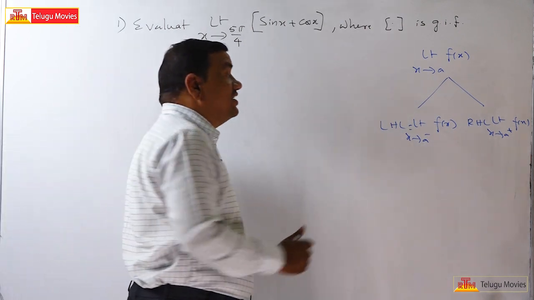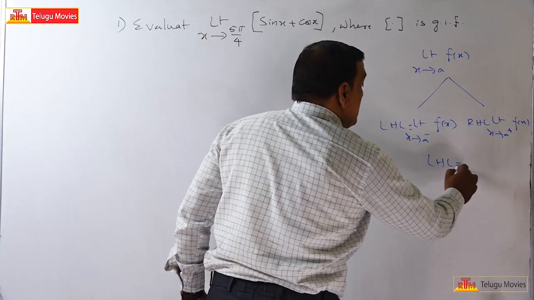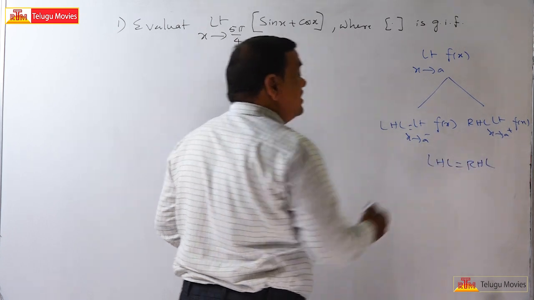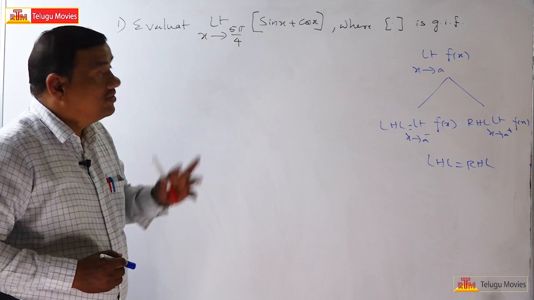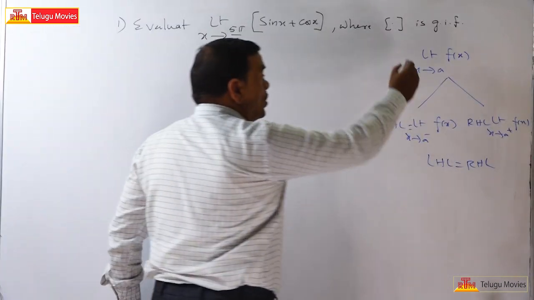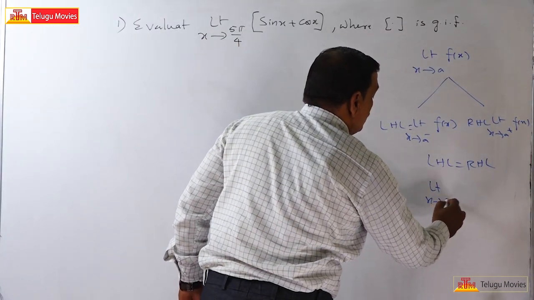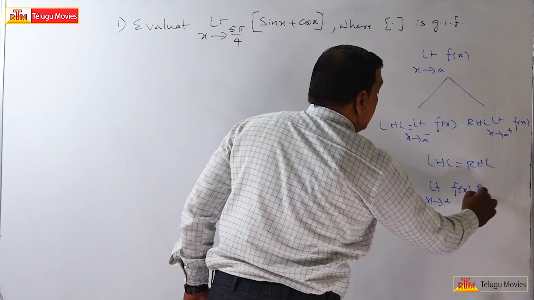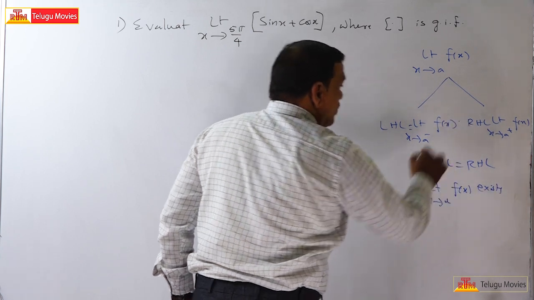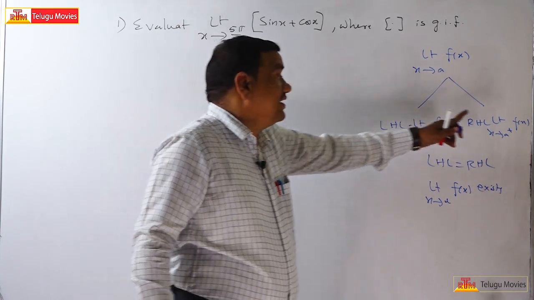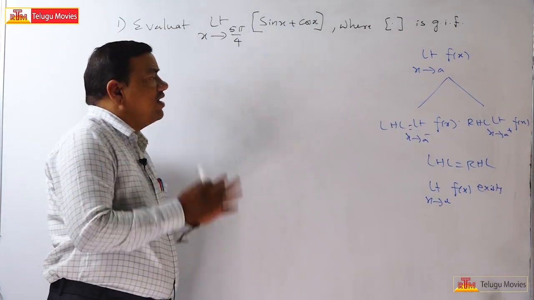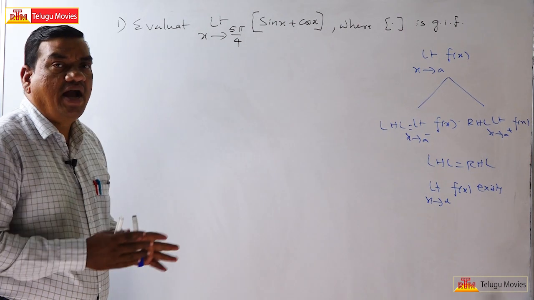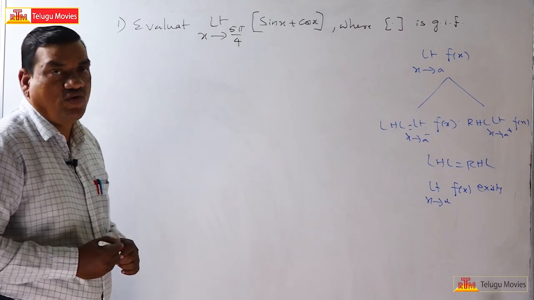The second condition is that those values should be equal, LHL is equal to RHL. Then only can we conclude that the limit as x tends to a of f of x exists. Understood? Whatever value you get here and here will be the final answer. So this is the basic concept behind the limit as x tends to a of f of x.